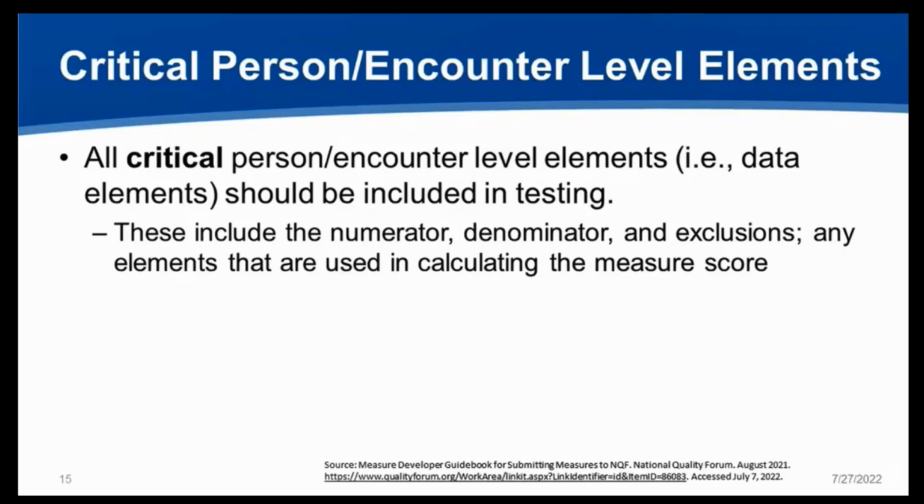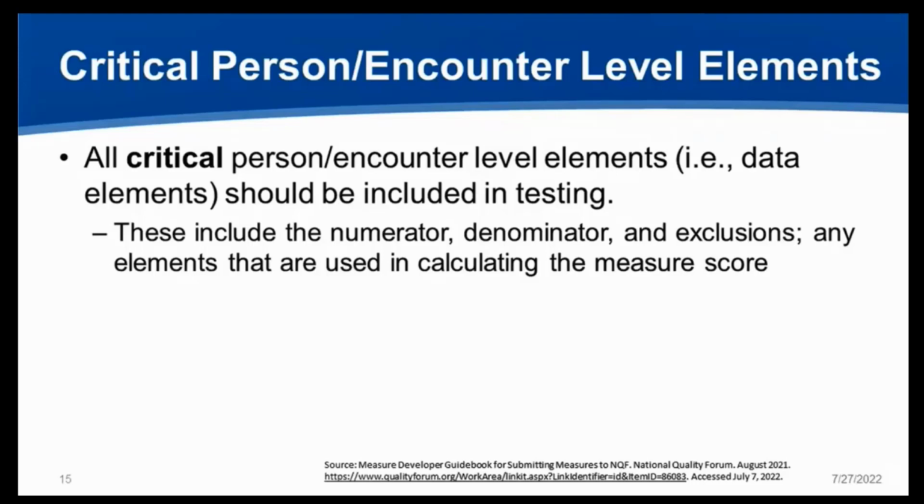When we're looking at agreement between the extract and the chart abstract, the preferred statistic is kappa, which is not the same as overall agreement. Kappa adjusts for chance agreement, whereas overall agreement does not.